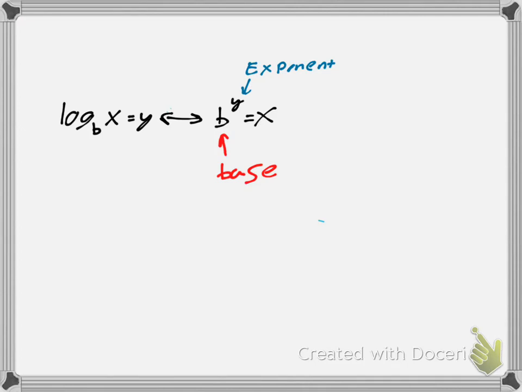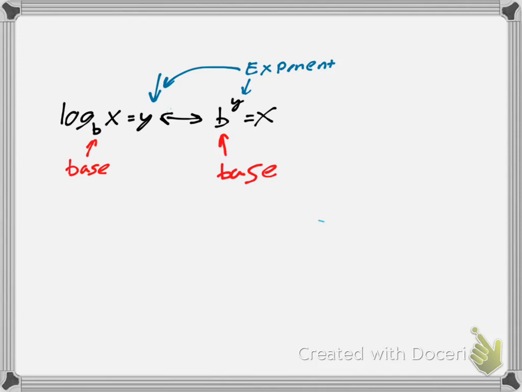Now let's put it over to the other side. What do you think this b is called? The base. Good. Anybody want to take a guess where that y comes from? It's the exponent, right?